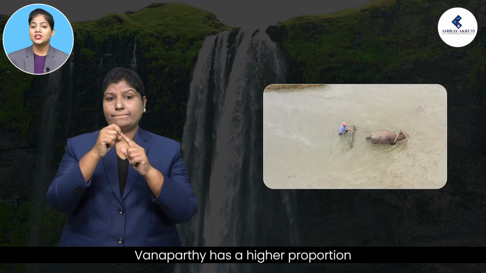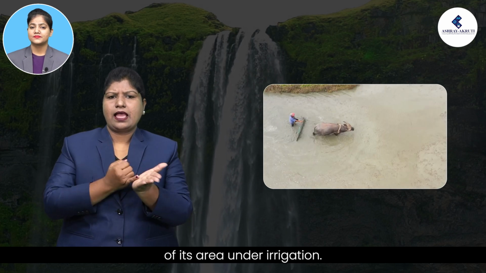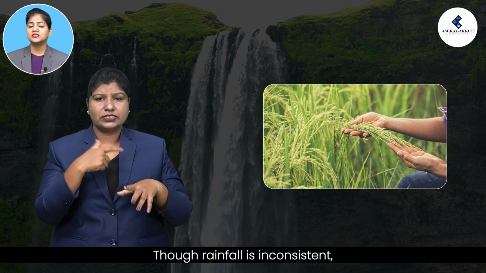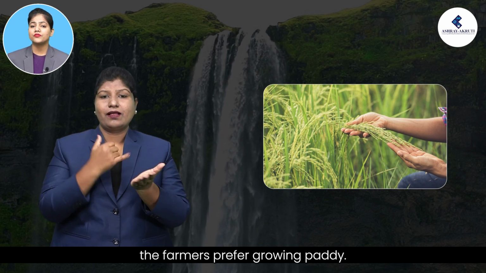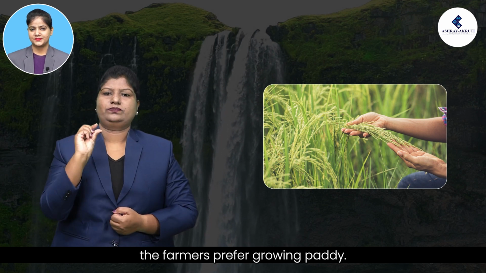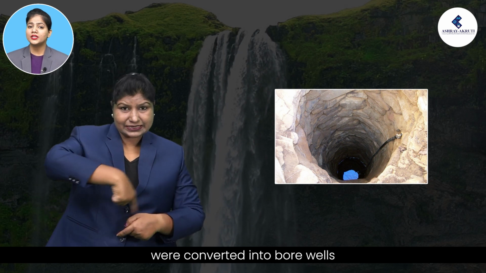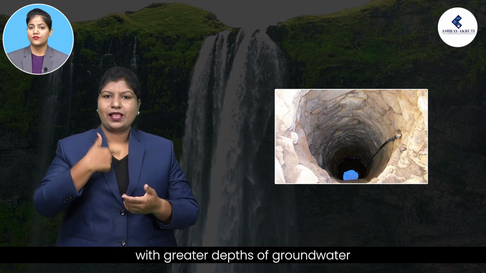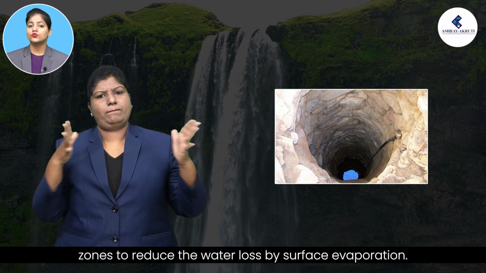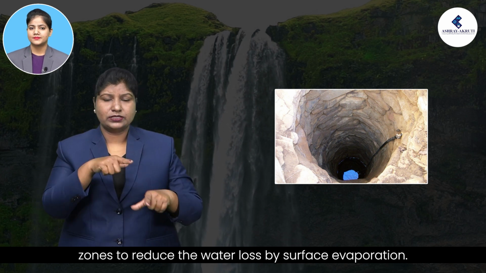Vanaparthi has a higher proportion of its area under irrigation. Though rainfall is inconsistent, the farmers prefer growing paddy. Most of the open dug wells were converted into bore wells with greater depths of groundwater zones to reduce the water loss by surface evaporation.